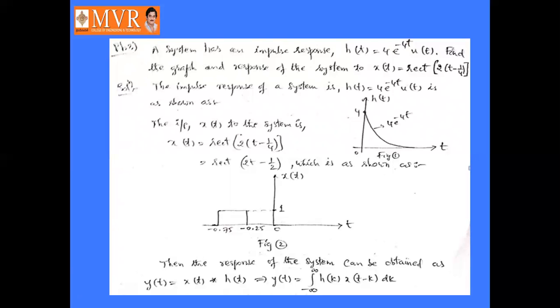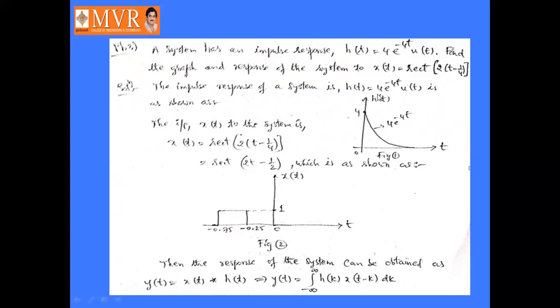We have to find the graph and response of the system to x of t, which is nothing but rect of 2 into t minus 1 by 4.